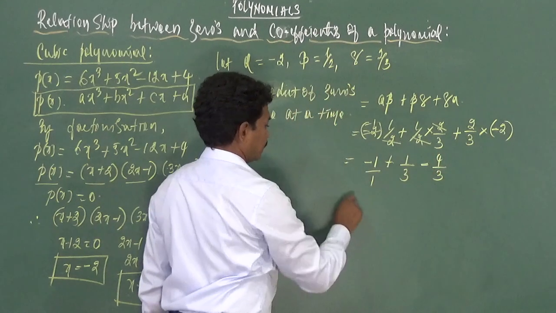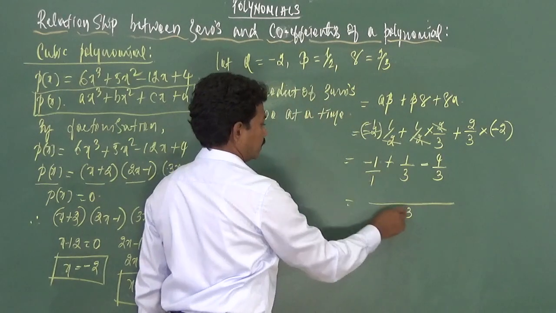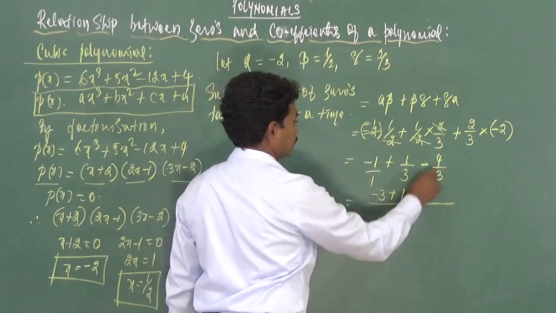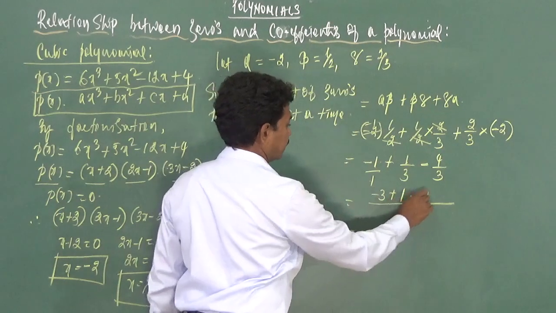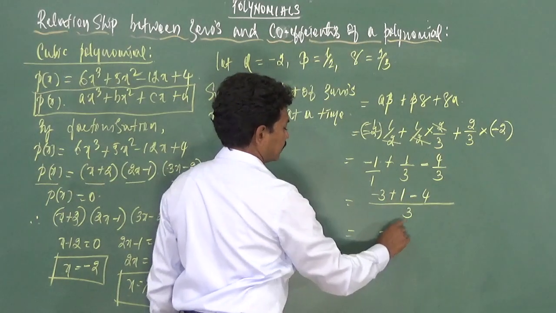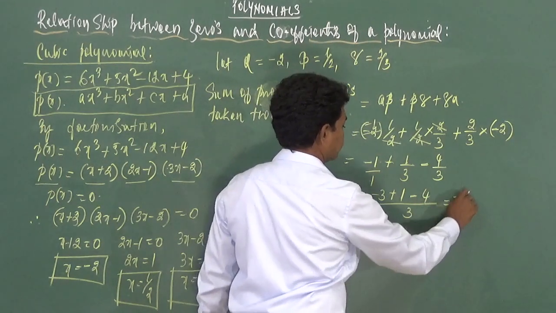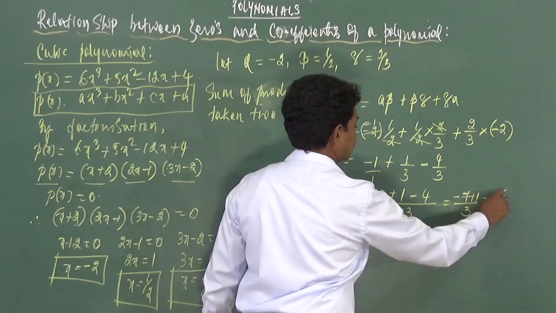So again 1 and 3, LCM is 3. Minus 1 by 1 into 3 is minus 3, plus 1 by 3 into 3 is 1, minus 4 by 3 into 3 is 4. So that is minus 3 minus 4 is minus 7 plus 1. So minus 7 plus 1 by 3. So minus 7 plus 1 is minus 6 by 3.